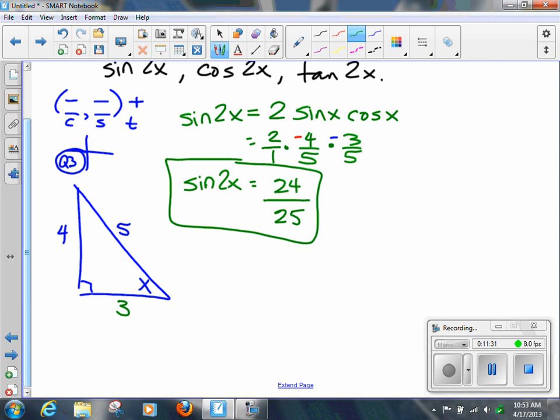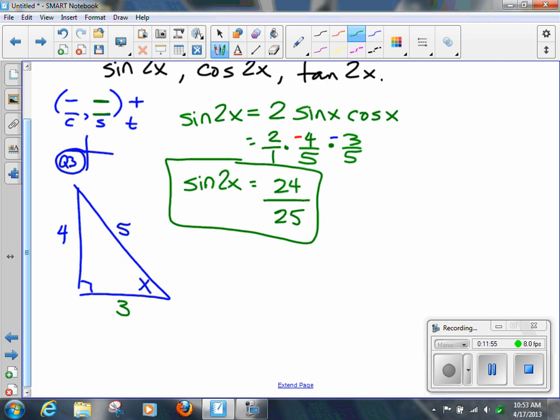Now, I want you to look. That sine value is positive, but the sine value up here is negative. Why? Because it's a double angle.